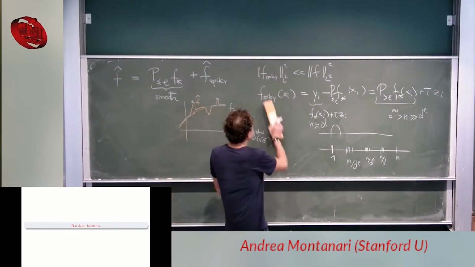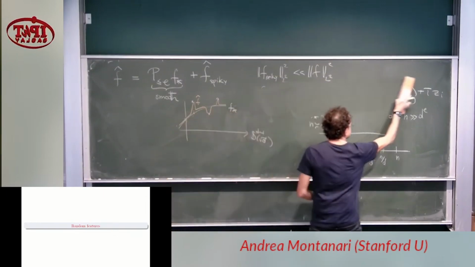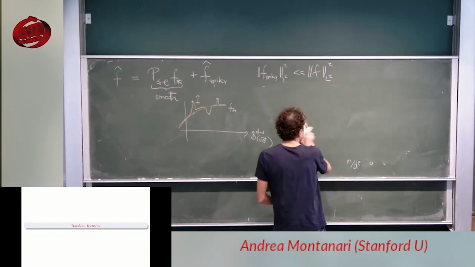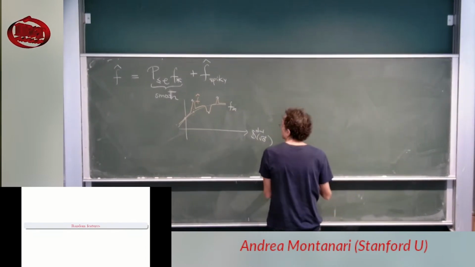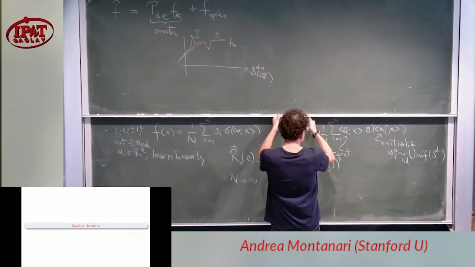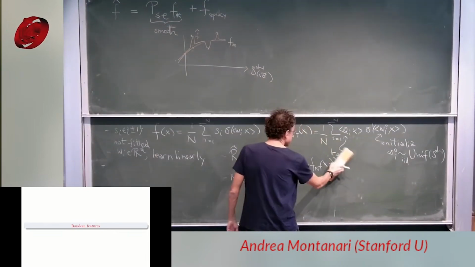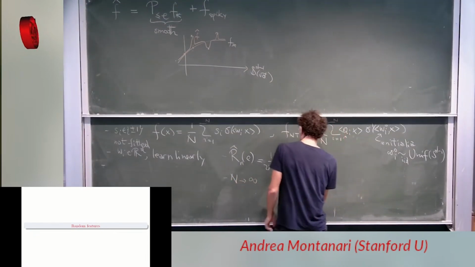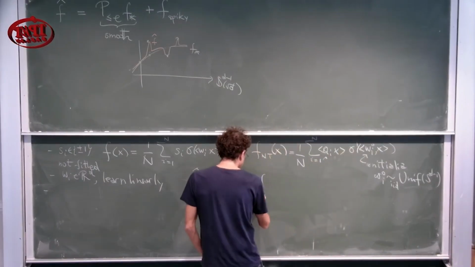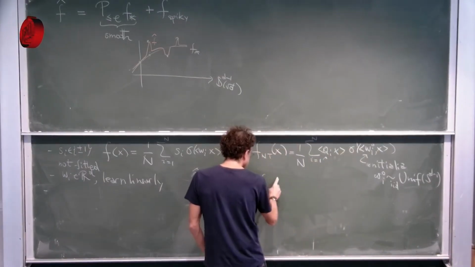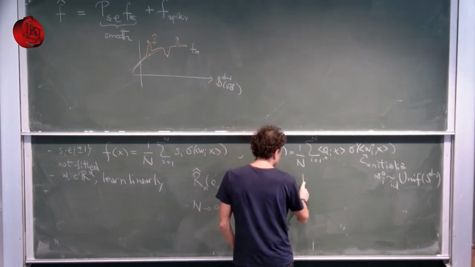Let me mention briefly what this is. So the neural tangent model has this structure. The random feature model is instead this model.